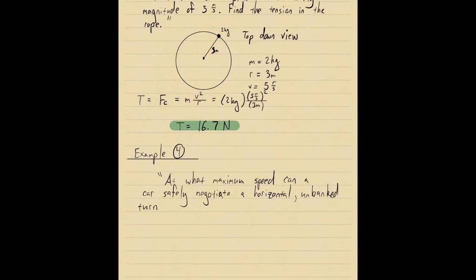So a horizontal unbanked turn with a radius of 51 meters in dry weather.